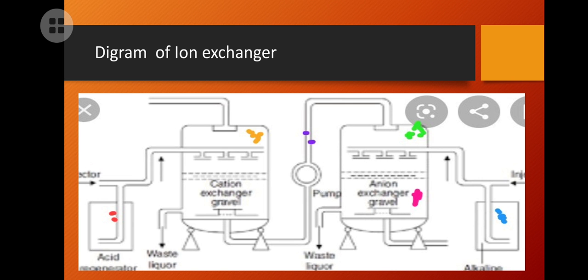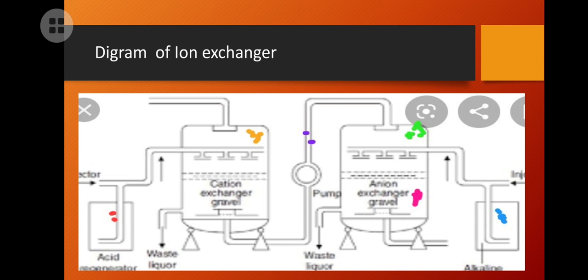As a result a reaction takes place. If there is a carbonate ion, ROH will react with the carbonate and it will convert into R2CO3. If there is a bicarbonate ion, then ROH will react, and RHCO3 will be formed and OH ion will be released.